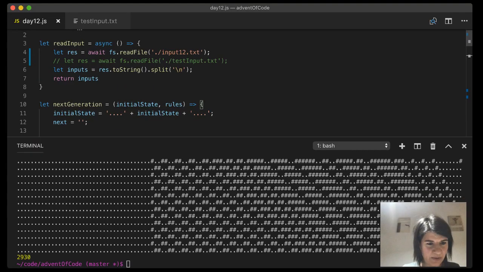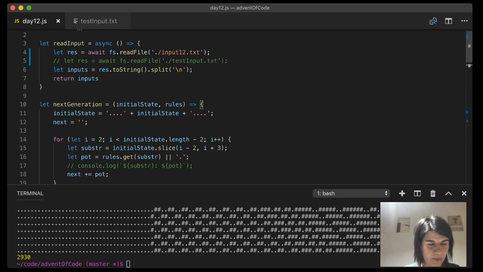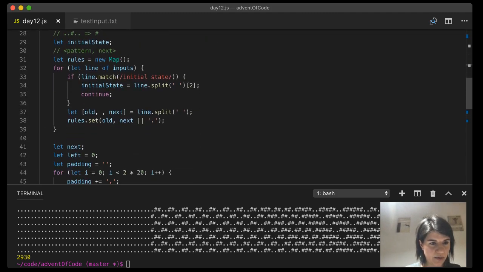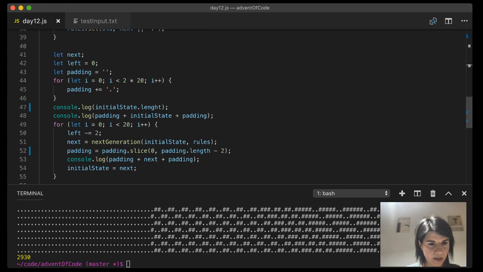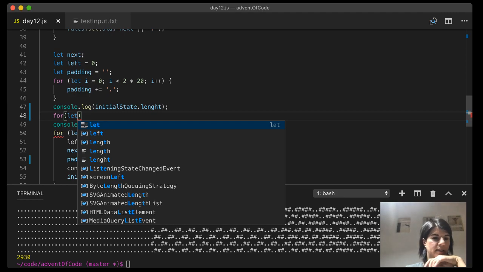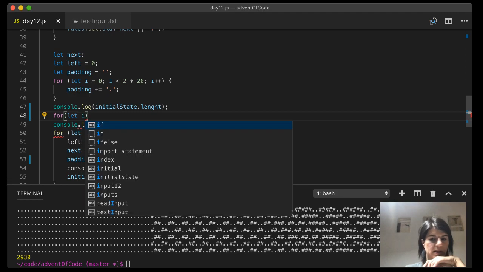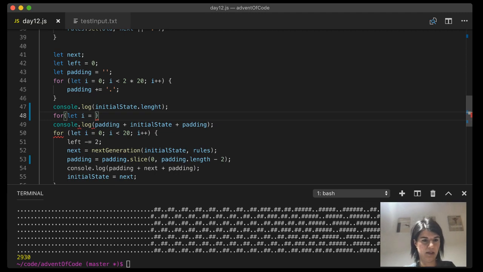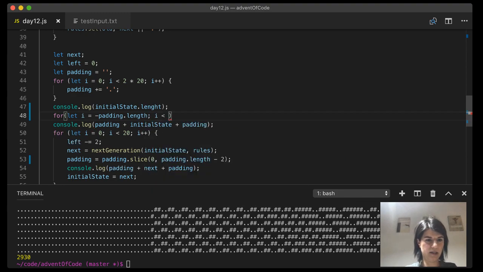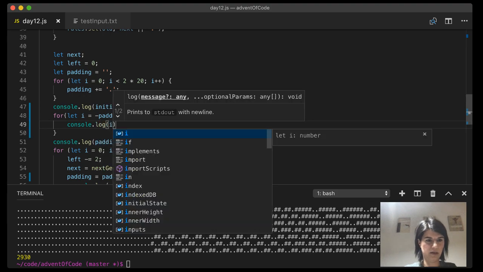But what I did want to do is print the number of the pots. And I'm printing that number right before I print this one here. For let i equals minus padding.length, i less than this, i plus plus console.log.